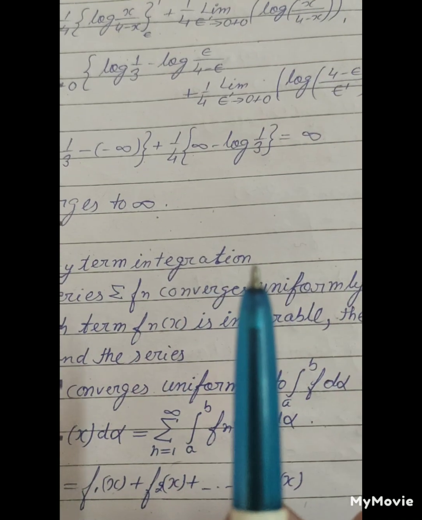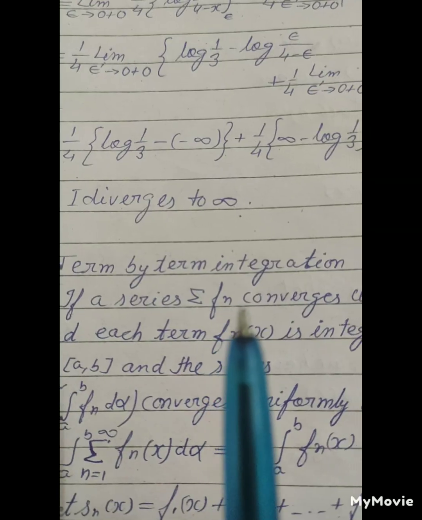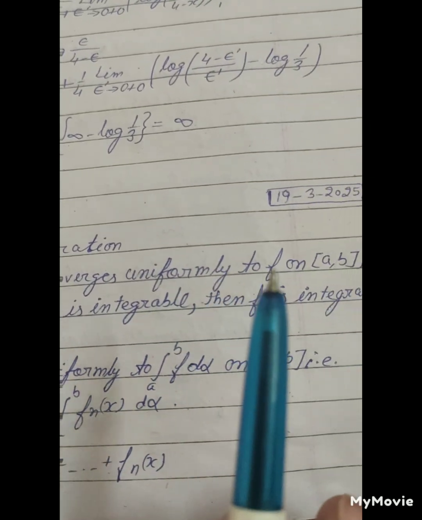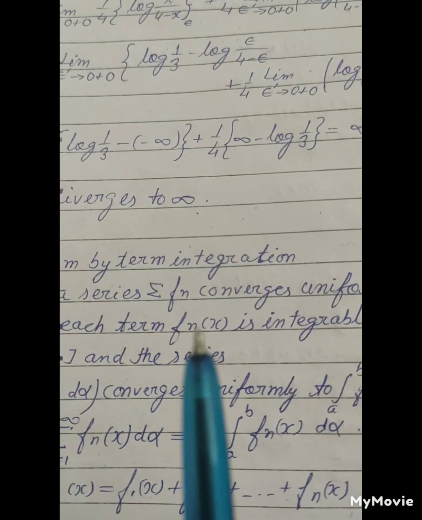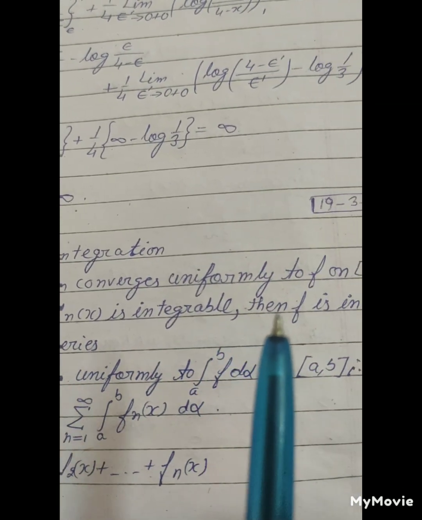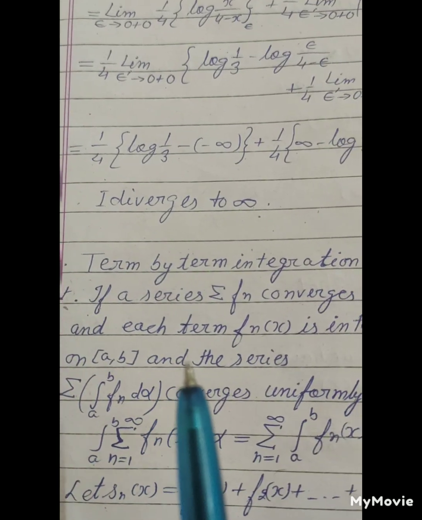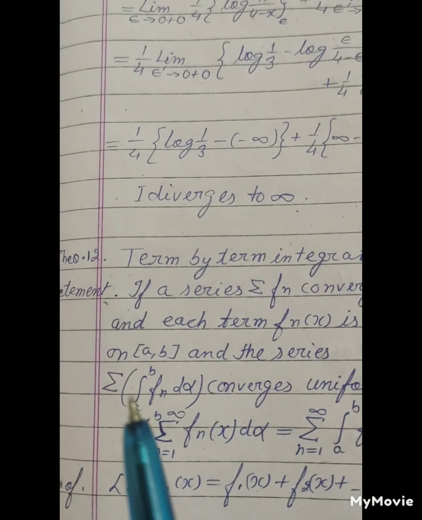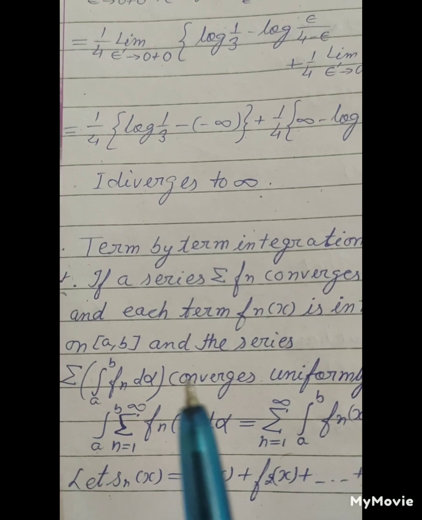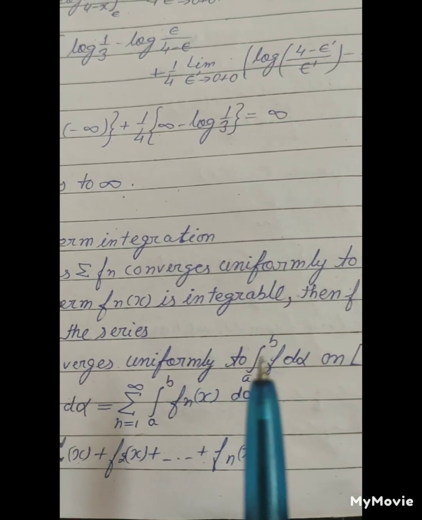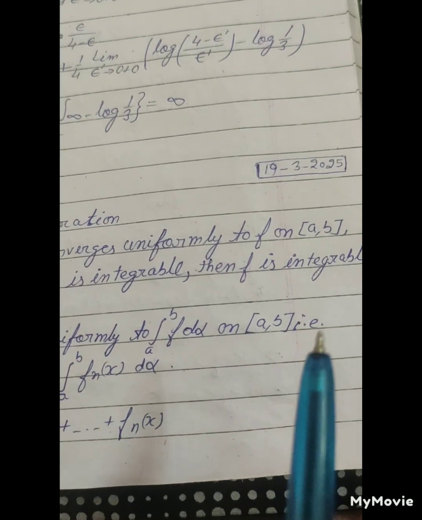Term by term integration statement. If a series sigma f_n converges uniformly to f on the closed interval [a,b] and each term f_n(x) is integrable, then f is integrable on [a,b], and the series sigma integral a to b f_n(x) d alpha converges uniformly to integral a to b f d alpha on [a,b].